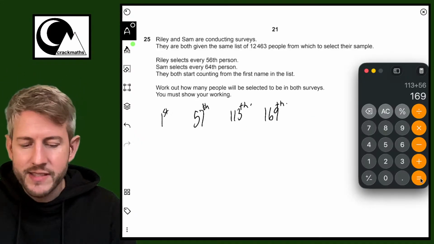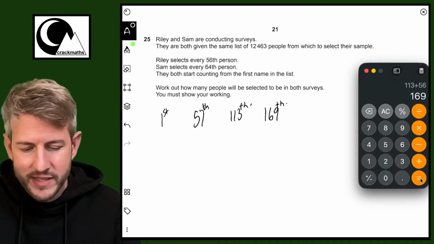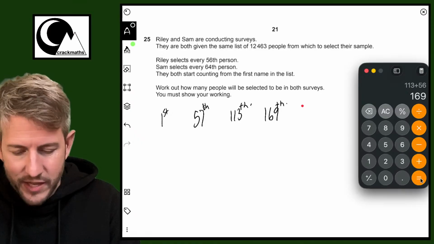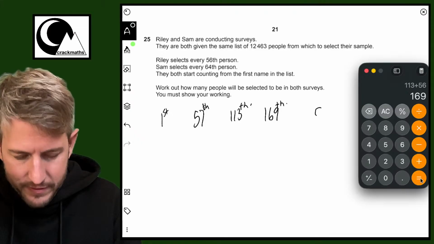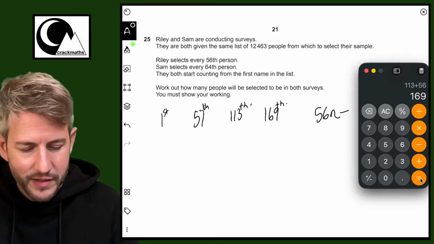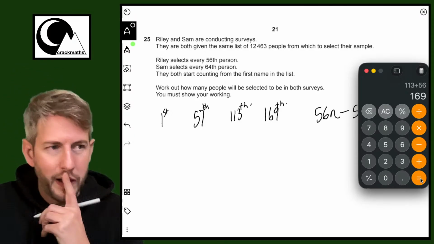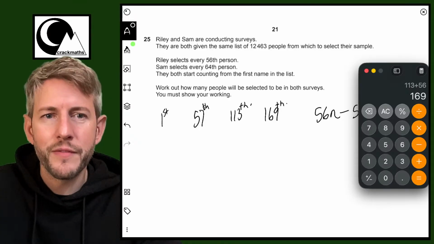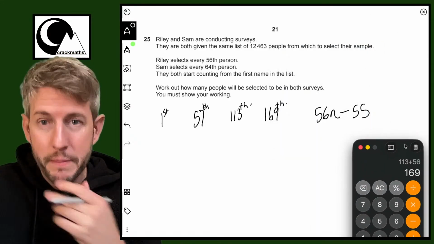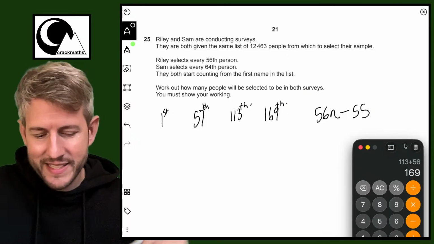So this is a sequence, and it's going to be 56n minus 55. Okay, so this is the nth term for this sequence here of people that Riley is selecting.